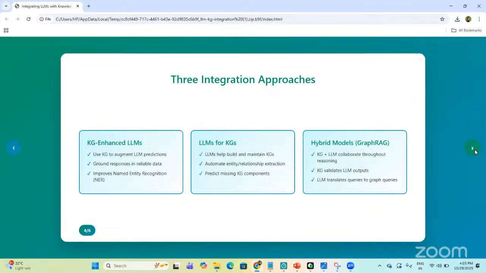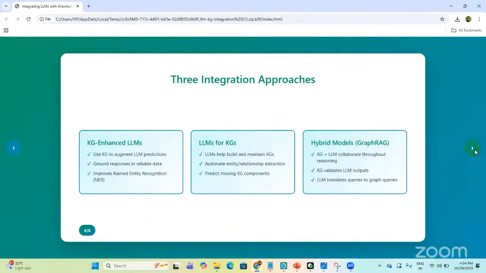Now let's see the three different integration approaches. These are the main three ways in which large language models and knowledge graphs can work together. The first is known as KG-enhanced LLMs, where the model uses graph information to ground predictions, improving accuracy and understanding of entities. Second is LLMs for KGs, where the model helps build the graph itself, extracting entities and relationships and predicting missing links.